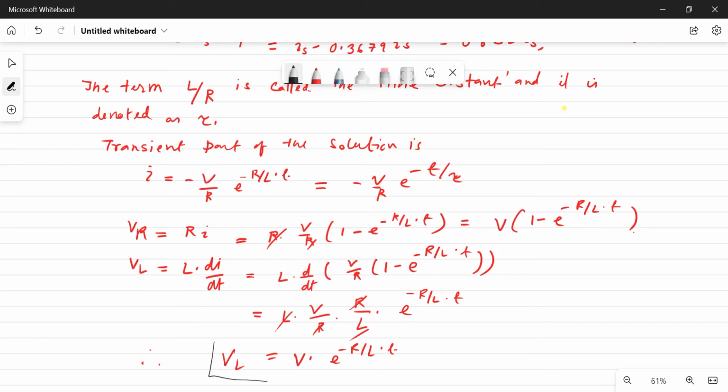Similarly, VR is equal to the earlier value.